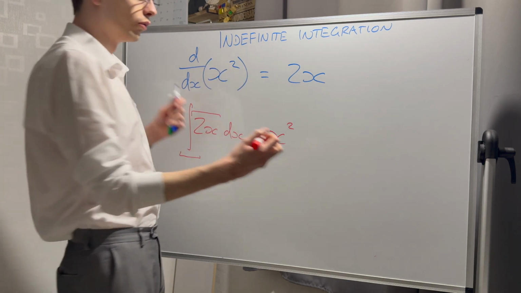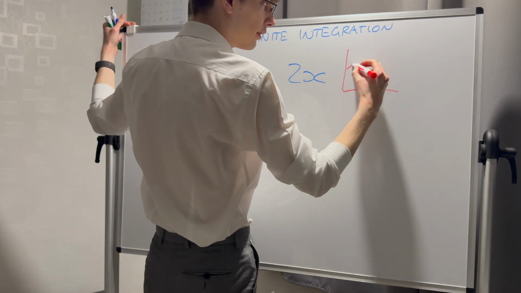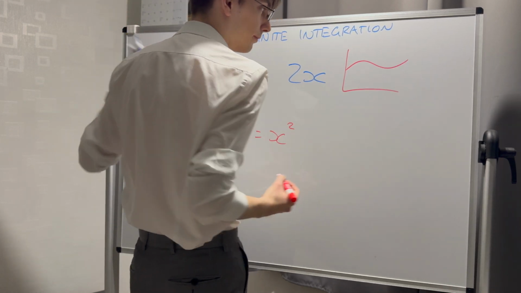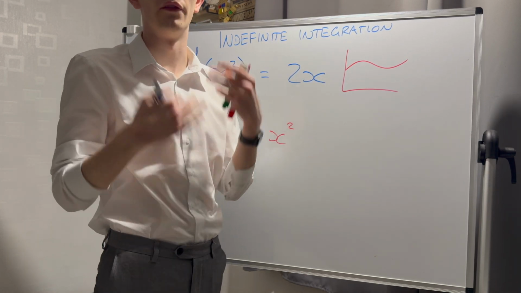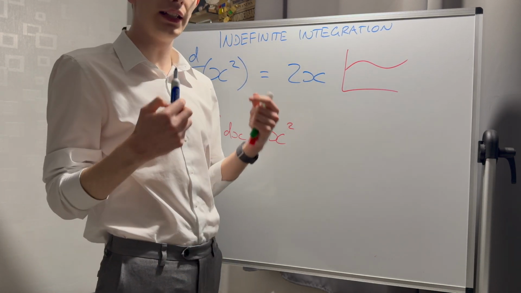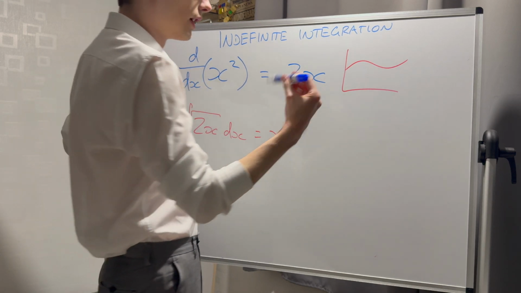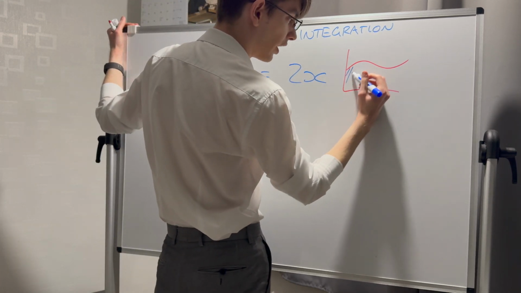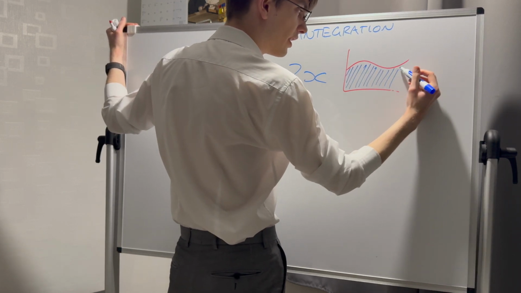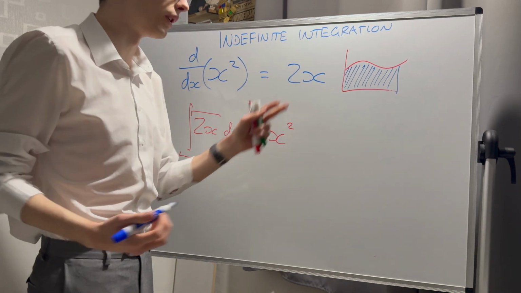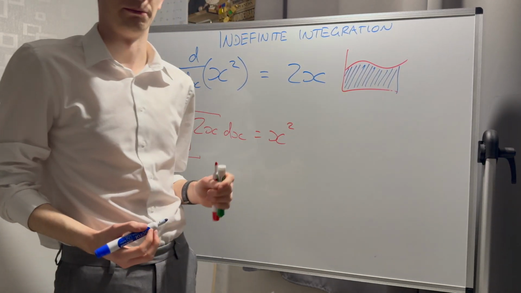So a differential, we know, is the gradient of a curve. Here's my curve. If I want to find the gradient, the rate of change at any point on this curve, I differentiate it. But an integral does something else. An integral gives us the area underneath a curve between two set points. More on that in the next video.